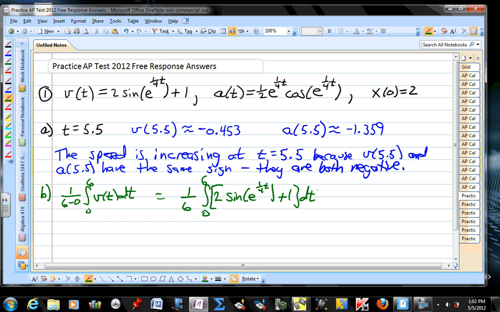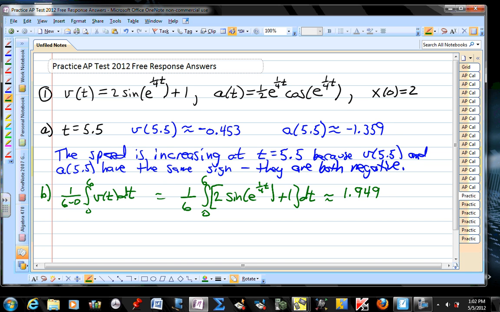Again, this is a calculator question. We are allowed to use a calculator. So if you type this in your calculator, we'll get that the average is approximately 1.949. Now we have to be careful here. If they give us units, we should include units in the answer. Well, they don't give us units. In fact, they don't even give us units for time.